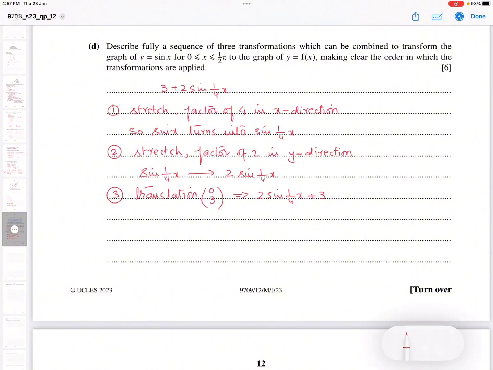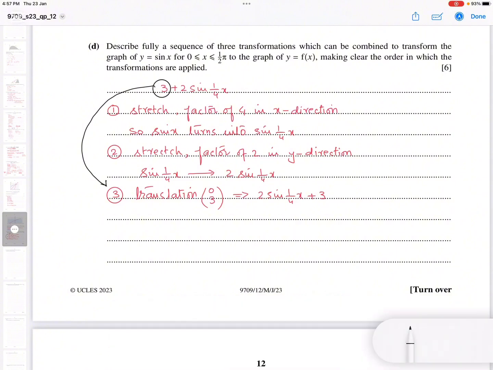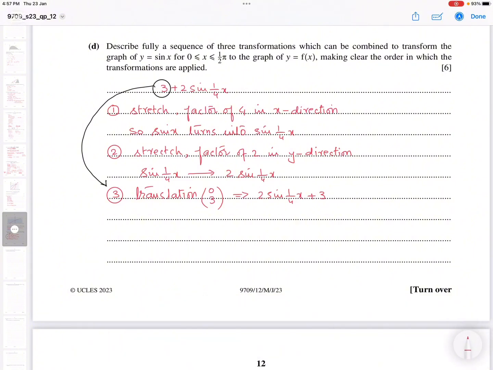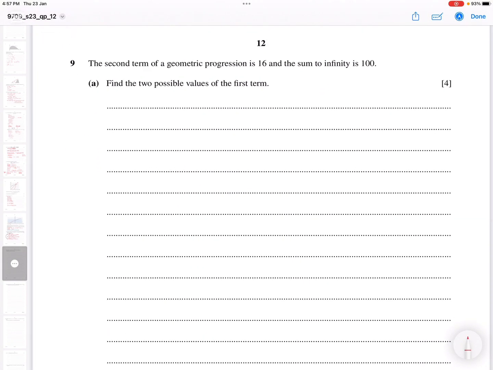So this 3 is actually, let me circle it with black, this 3 is the translation. It moves the whole curve up or down. So here we complete this part.